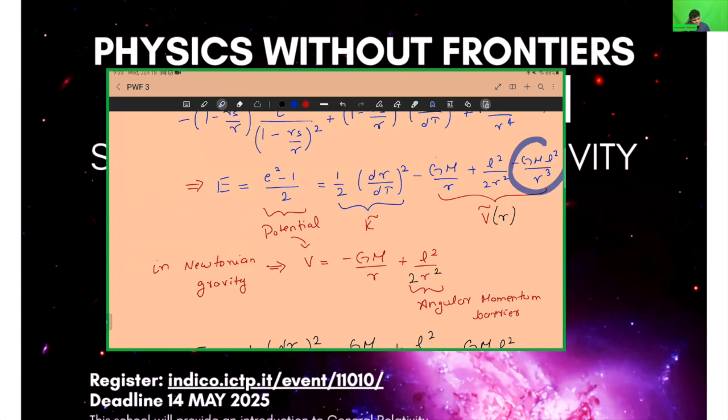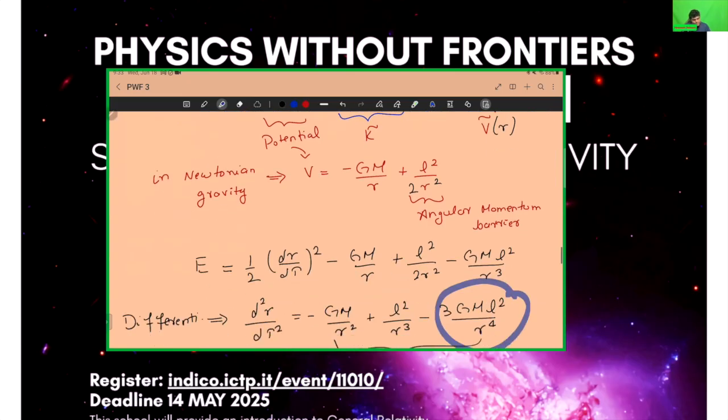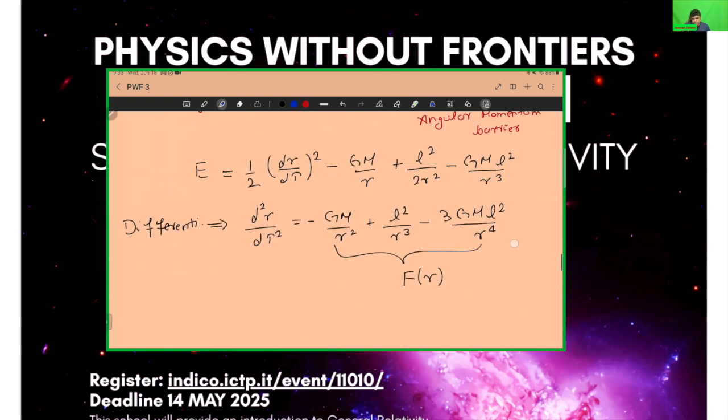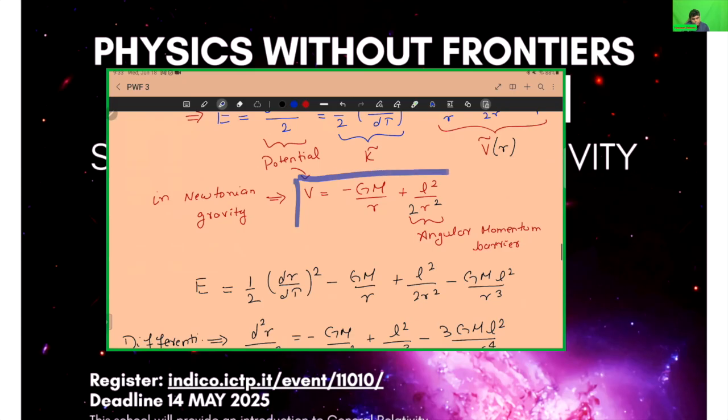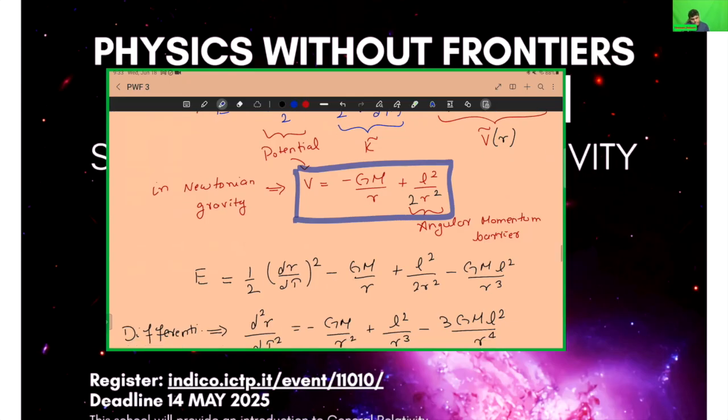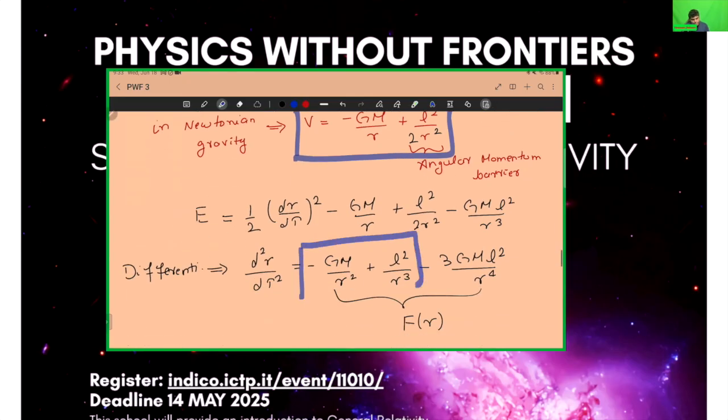Last one, okay. So this last term that you get is like a correction term, right? In Newton's gravity, you get this potential, right? And if you want force from a potential, what do you do? You differentiate that with respect to r and take the negative of that. So if you do that, you will get these two terms, right? These two terms are coming from Newton's gravity.